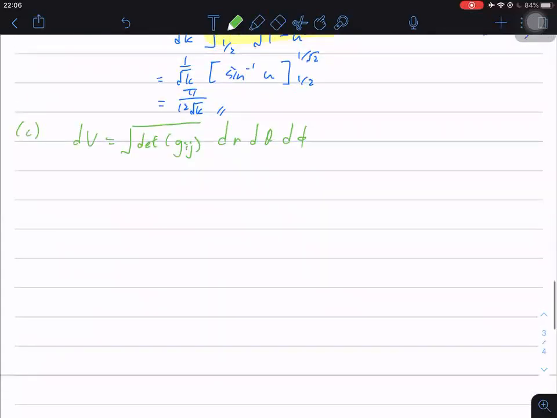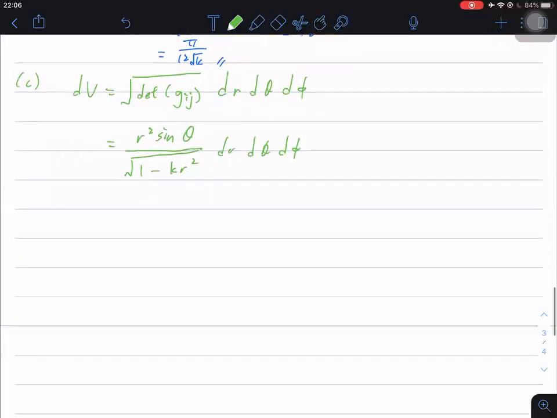So, after taking the square root, we have the r squared sine theta, which is the common volume element in flat spherical coordinates, with an extra factor of 1 over the square root of 1 minus kr squared, which comes from the g_rr term. Of course, times dr, d theta, and d phi.